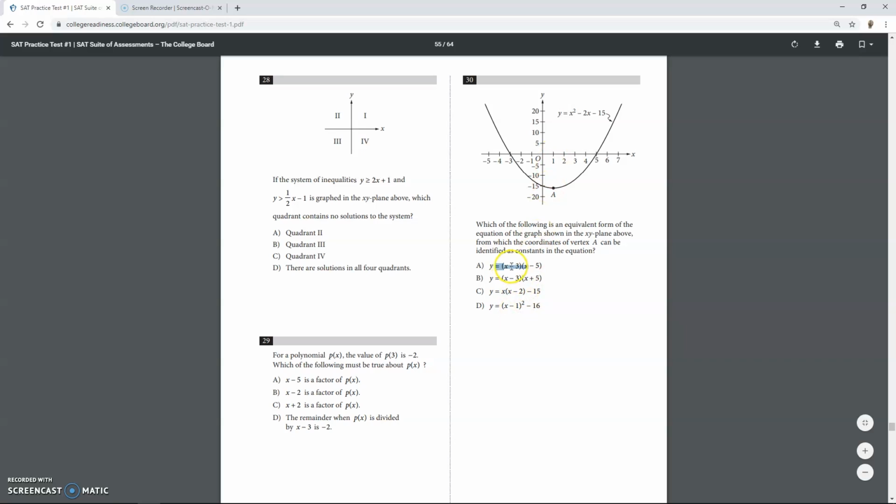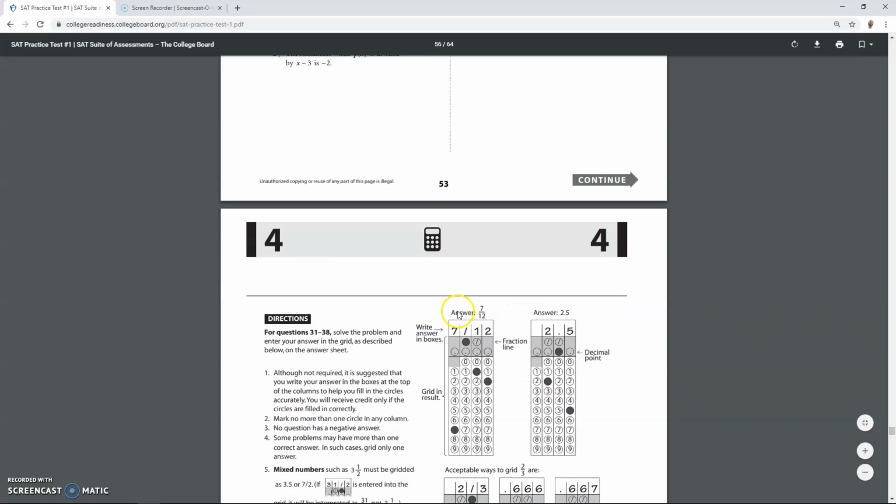Which one has only one possible value for x to make the parenthesis thing equal to 0? It must be D, because that gives the square of x minus something. It means that when x equals 1, this one must be 0, and the vertex we can get is negative 13. So the answer will be D.